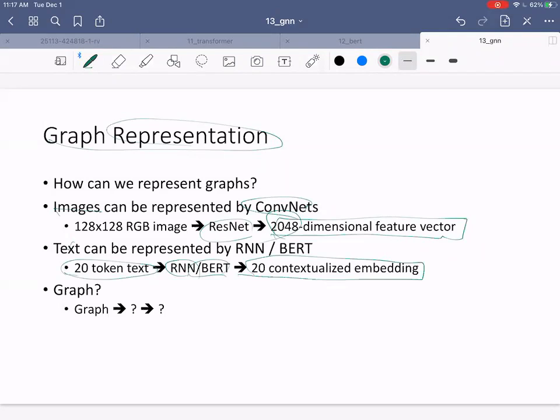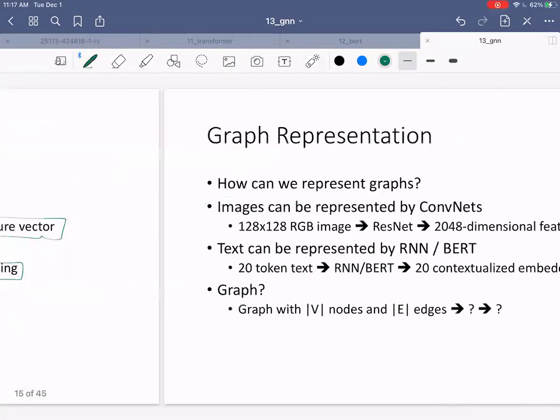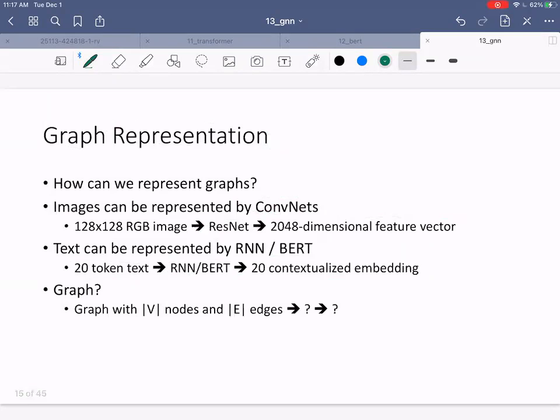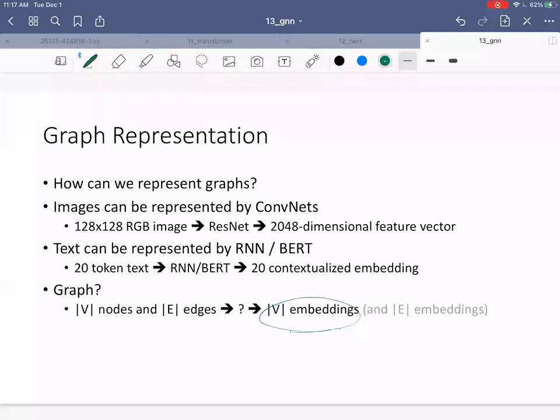So in case of graphs, what kind of representation do you need? Graphs are basically a data set consisting of V number of nodes and E number of edges. So what you probably want first is the representation of nodes. If you have a social network, then you want the representation of each person.